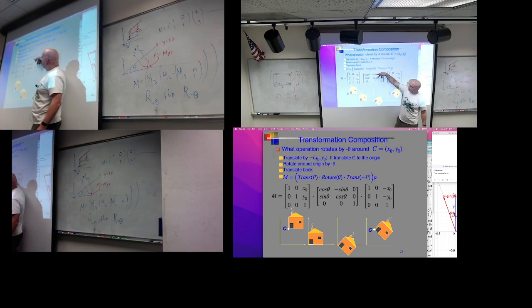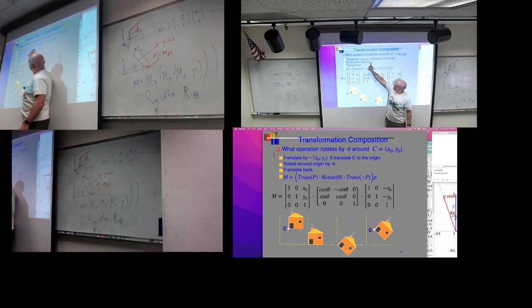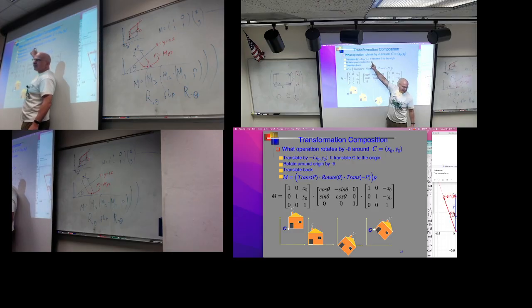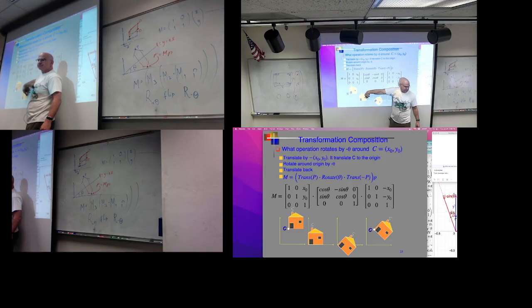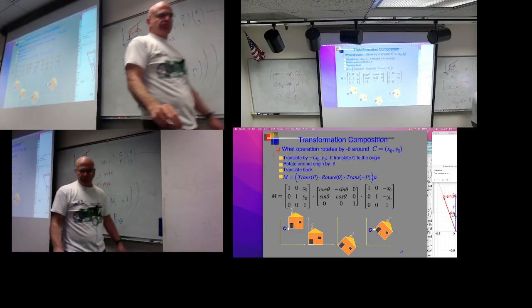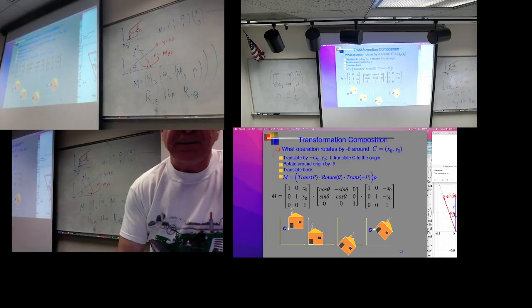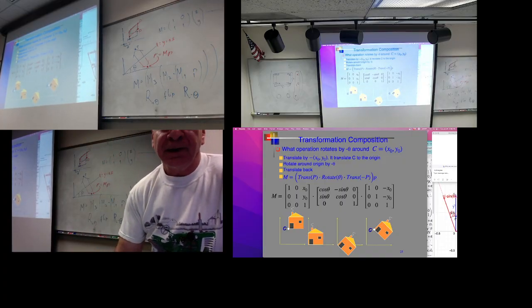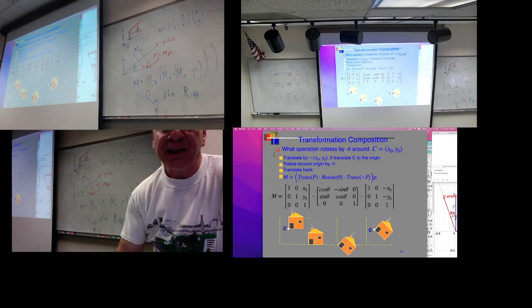Here it looks like it's rotating by theta. So yeah, I should have said that I'm rotating around the origin by theta, but theta is negative to make it consistent with this slide. Okay, so they don't match up. Correct. Thanks. Accept the correction. So it's rotated by theta, but theta is negative.